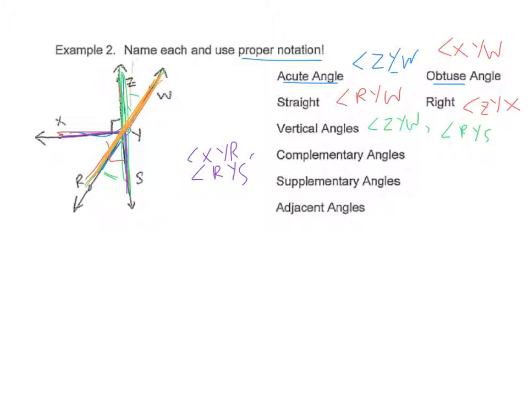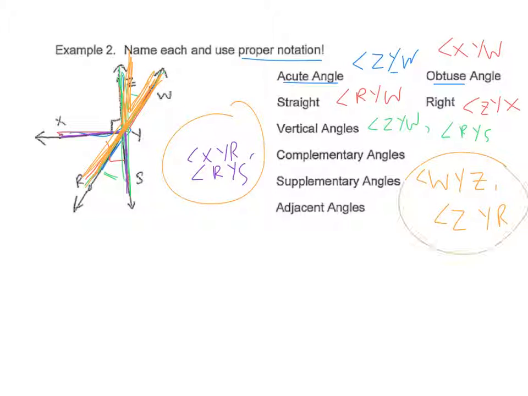I can use this angle, angle WYZ, and this angle, angle ZYR. Supplementary angles add up to 180. Adjacent angles are any angles that share a vertex and a side. So I can even, these were adjacent and these were adjacent. So angle WYZ and angle ZYR are adjacent.